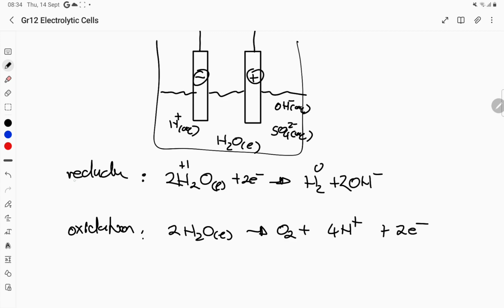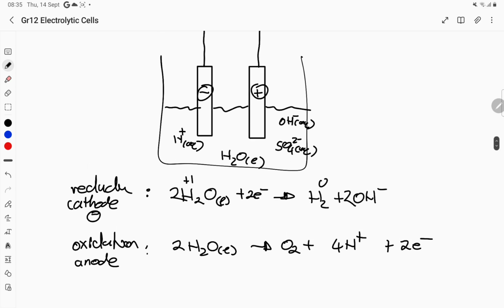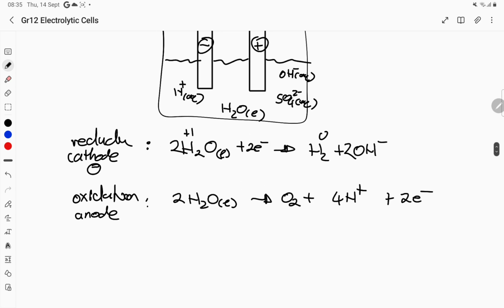Reduction takes place at the cathode, and oxidation takes place at the anode. Meaning that the cathode will be the negative electrode because it's donating electrons to the water, and therefore the anode will be positive.